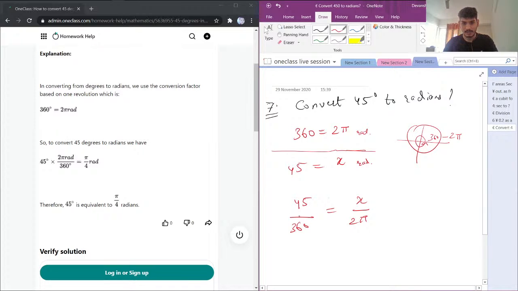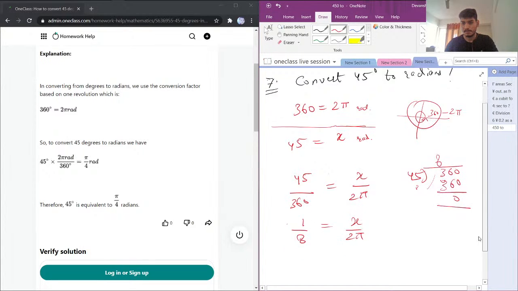And 45 can be divided with 360. So 2 times 90, 8 times 45, 8 times it will be 360. Yep, so I can write it as 1 over 8. This will be x over 2 pi.